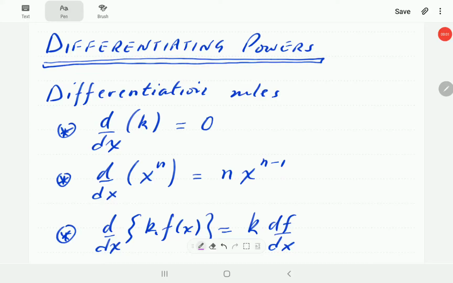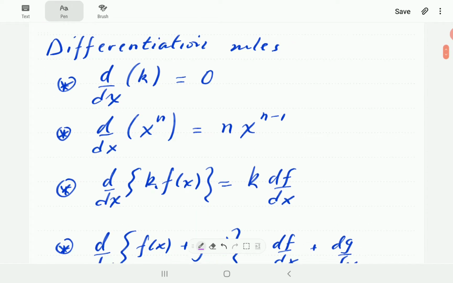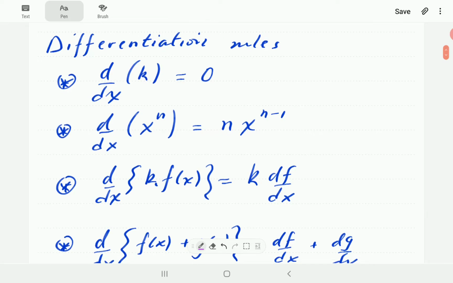All right, in this video, we're going to look at how to differentiate powers of x. We're going to do this using rules of differentiation. There are several rules that we're going to list here, then we're going to use them to find derivatives of functions.